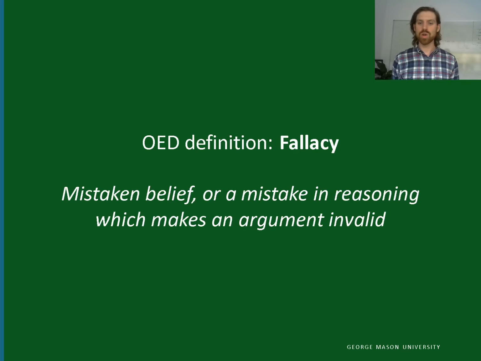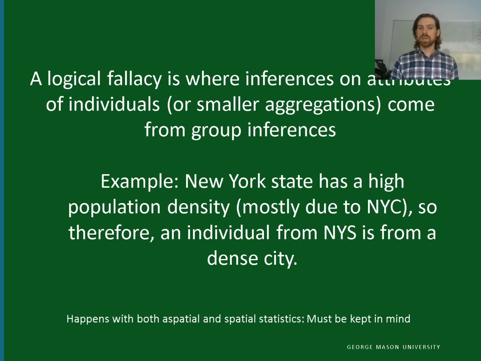And therefore, you not only need a thick skin, but you need a solid logic for why you've made decisions about the process which you've statistically modeled, for example. So a logical fallacy is essentially where inferences on the attributes of individuals, for example, come from group inferences. And this is just one example of a fallacy. There are a long list of different types of fallacies that exist. But here is just one example to give you a bit of a flavour.